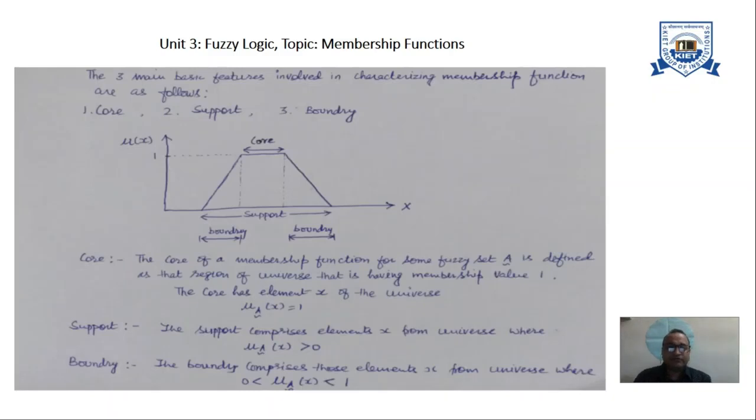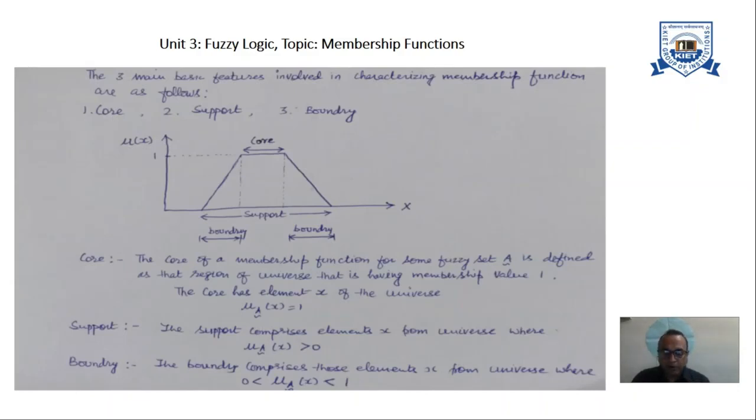One of the regions is known as the core region. I'm explaining it again: the core region contains all those elements from the universe of discourse which have membership value 1. And support is that region which contains all those elements of the universe of discourse where the membership value is greater than 0.